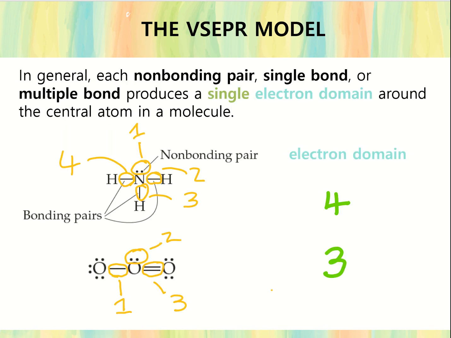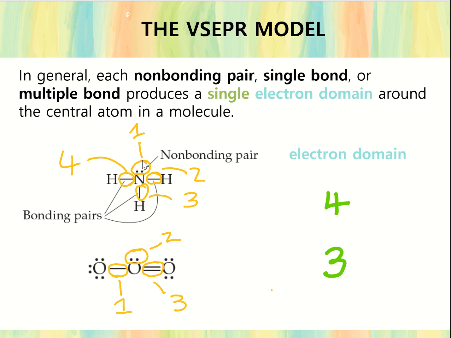So for the VSEPR model in general, each non-bonding pair, single bond or multiple bond, produces a single electron domain around the central atom in a molecule. So as usual, we try to find examples to explain what we're talking about. So we have our central atom here, which is nitrogen.